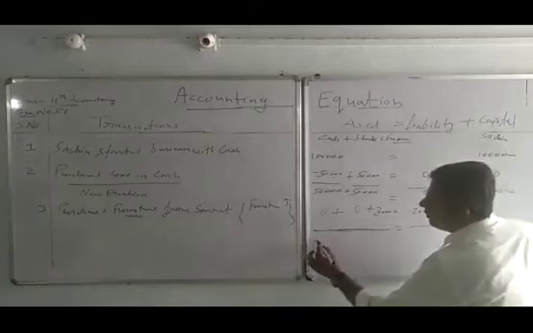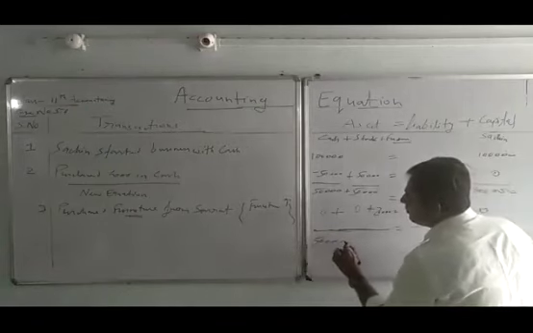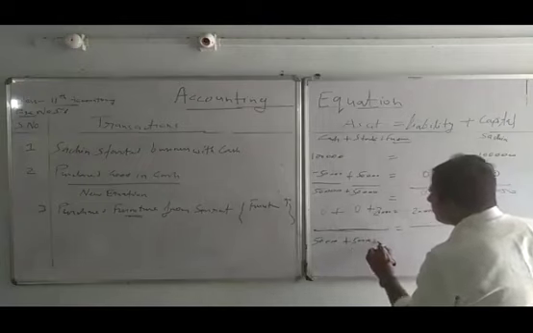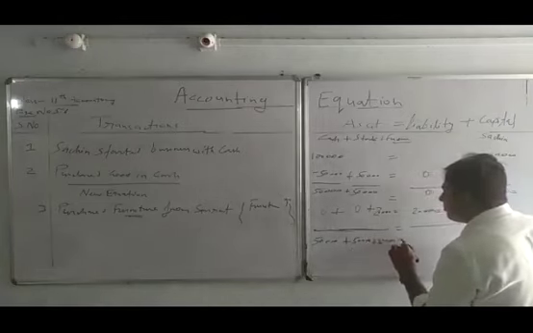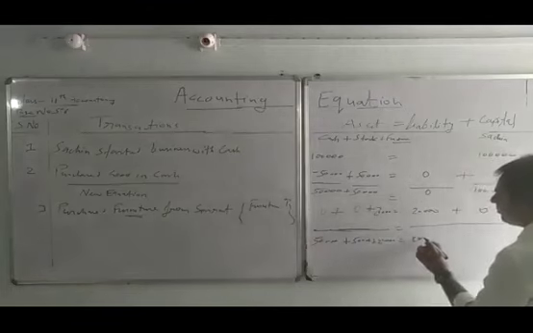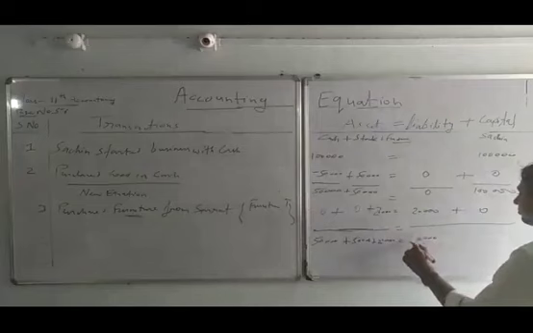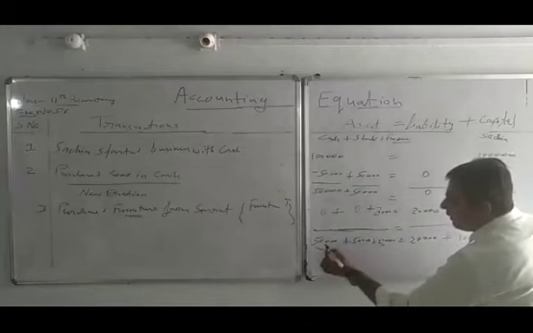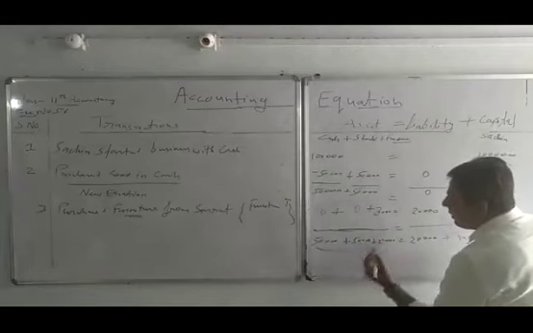If we total them, it will come to 50 plus 50 plus 20, 1,20,000.